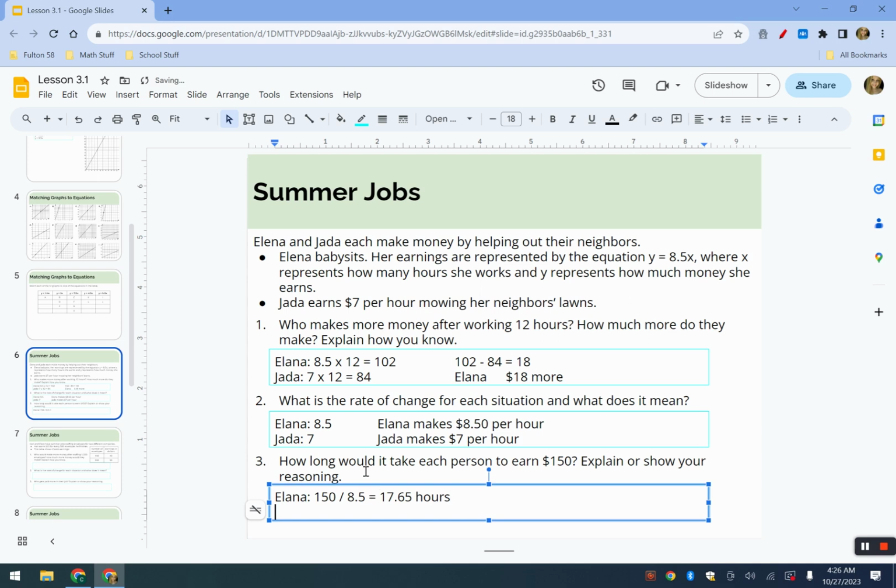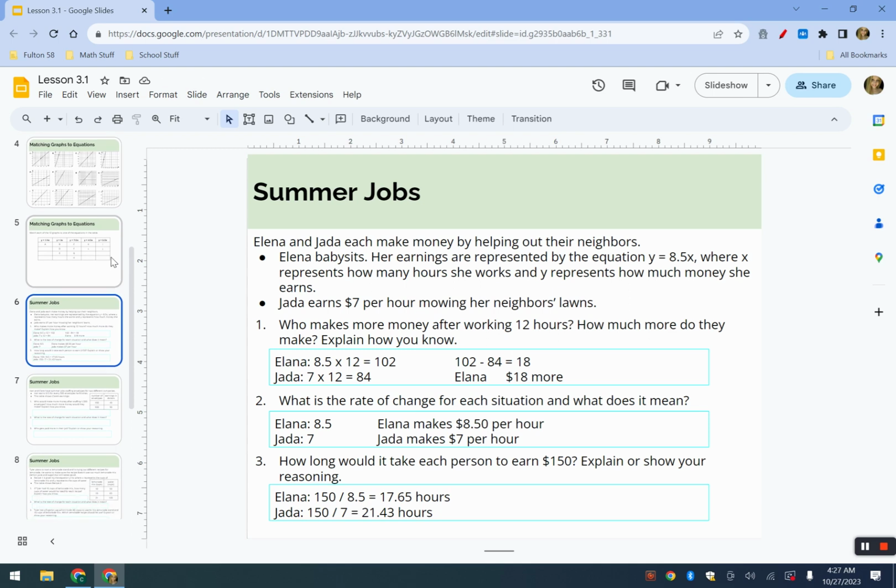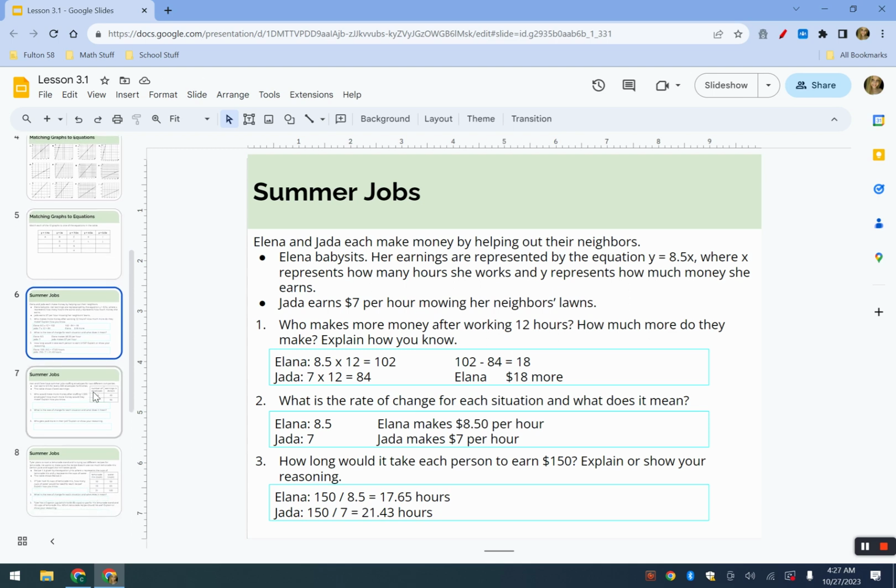And then for Jada, we're going to do 150 divided by 7, and that's going to give us 21.43. Okay, awesome. Let's look at our next slide.